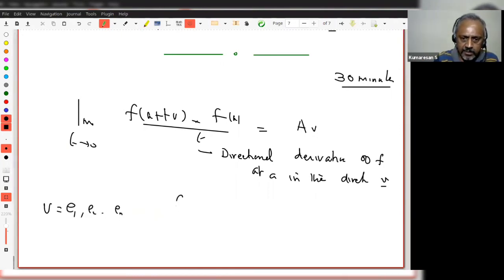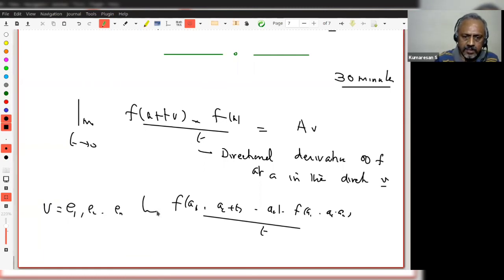Now again notice that when v is equal to one of e1, e2 or en, then what we get, you already saw it, but let me just write it. f of a1, ..., ai plus t, ..., an minus f of a1, ..., ai, ..., an, by t. There's a limit t going to 0. So that means you are giving increment only in the ith variable and looking at the rate of change. Therefore, as in the one variable case, we will call it the partial derivative of f in the ith direction xi at the point a, del f by del xi at a.